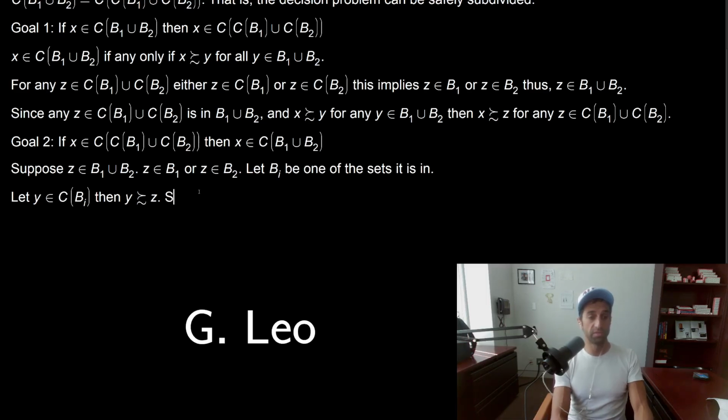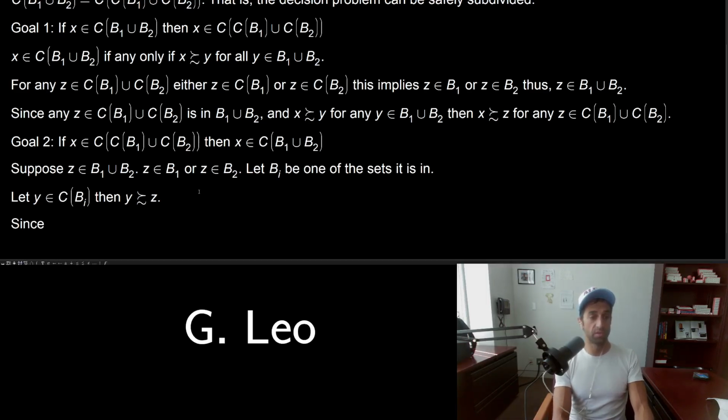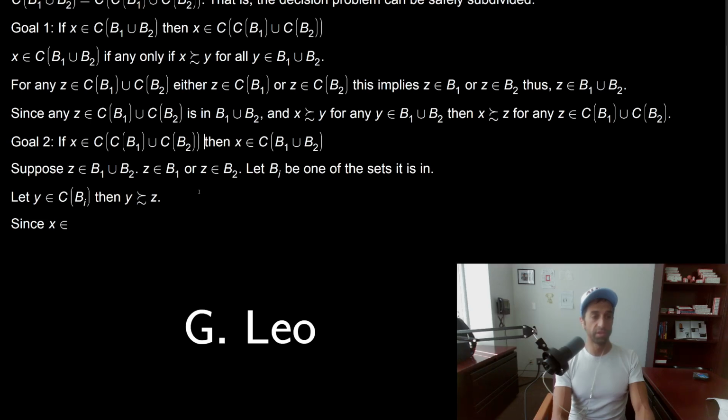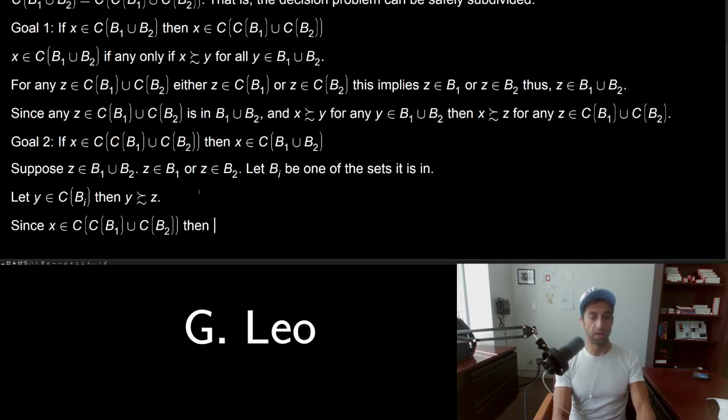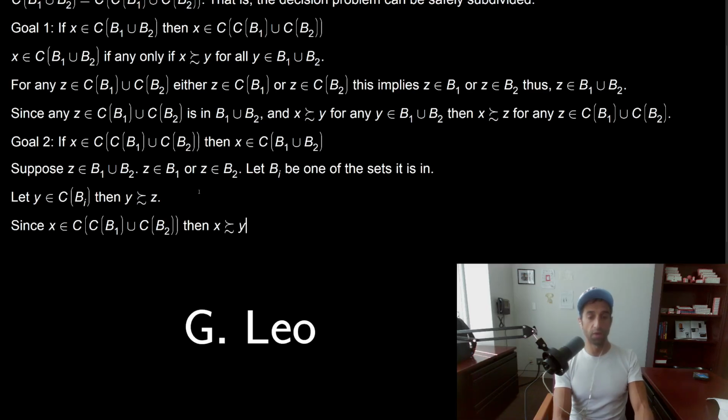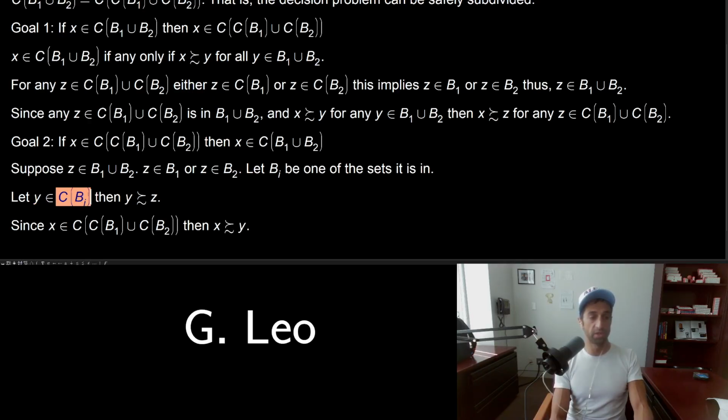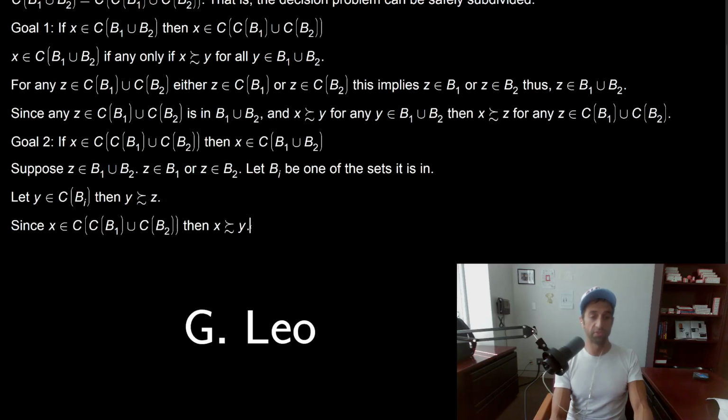And we know that since x is in the choice from those things, then x has to be at least as good as that y. Since y is an element of one of these choices, x has to be at least as good as y because x is one of the best things in those choices.